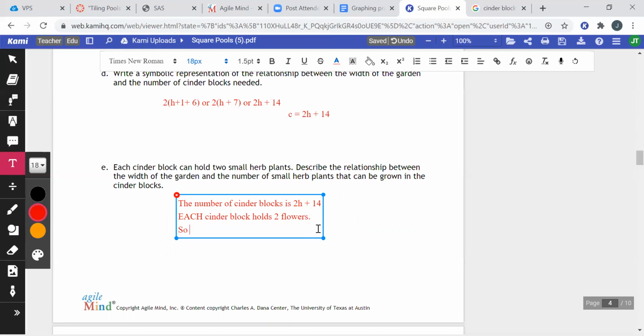And now I'm going to write it. So the number of flowers is 2 times the number of cinder blocks.